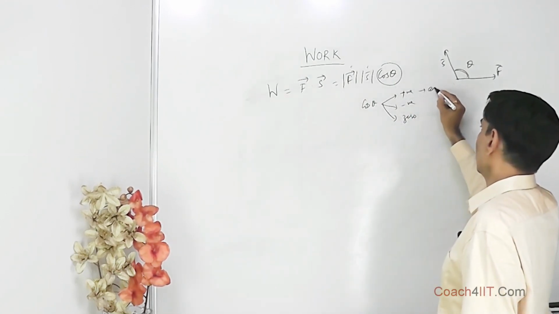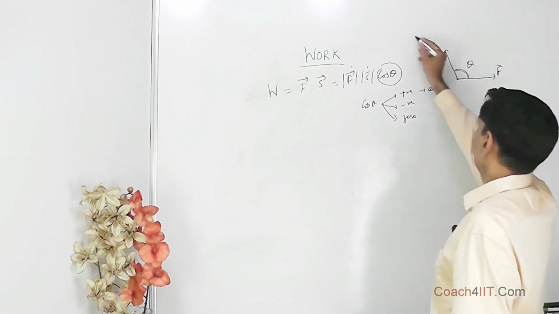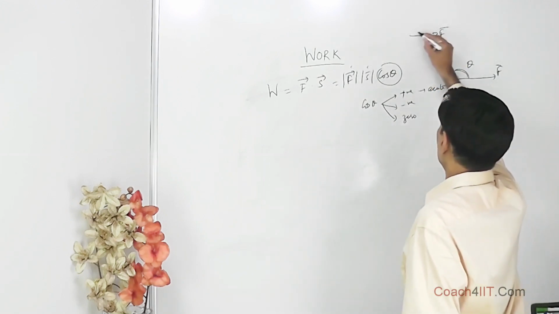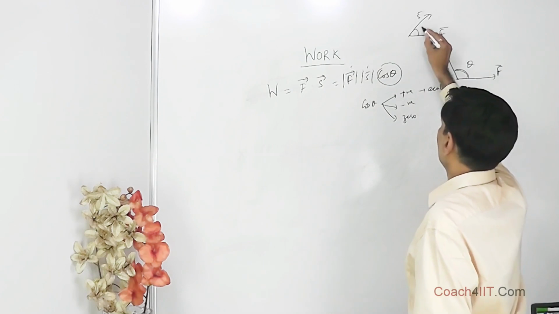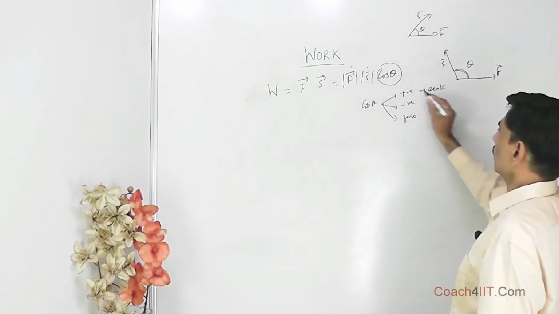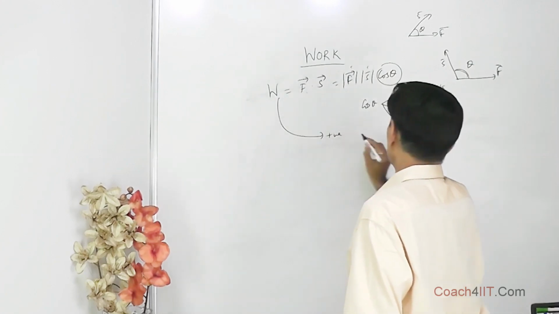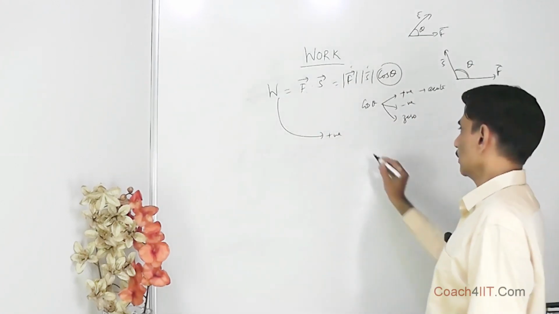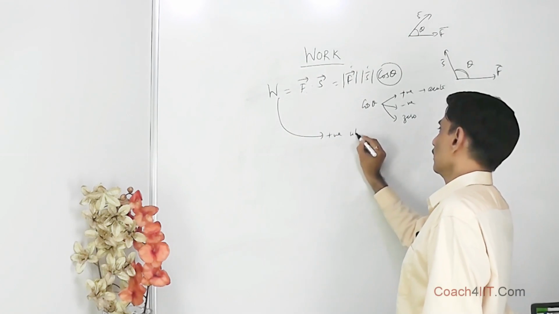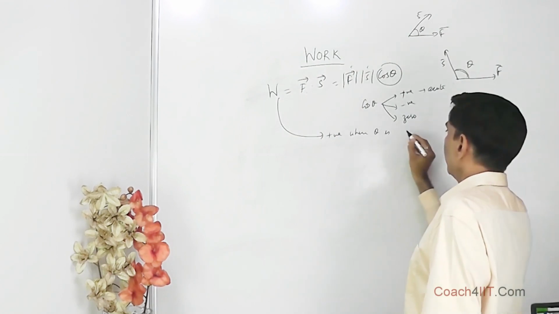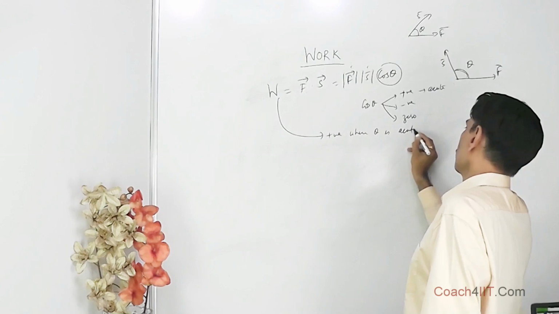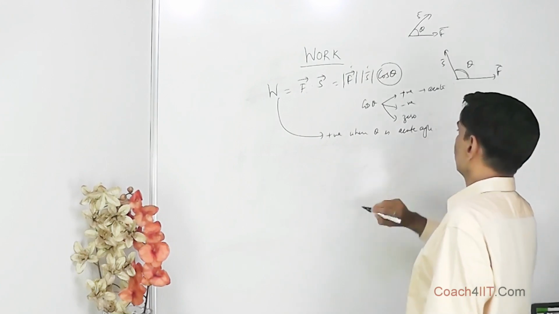When this angle between force, if this is force vector, and this is displacement vector, is acute. If the angle is less than 90, work is going to be positive. So it is going to be positive when theta is an acute angle.